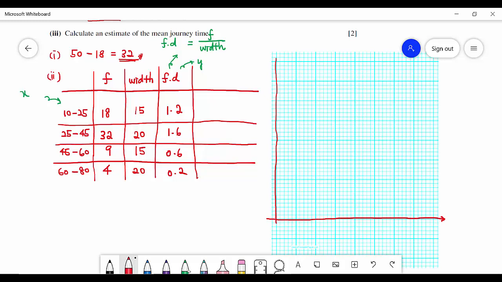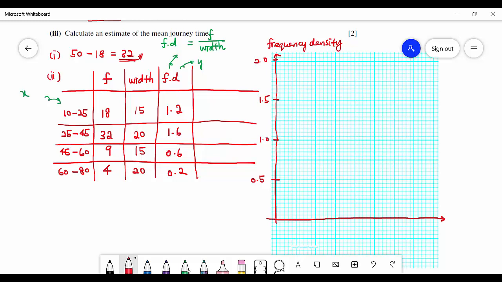For the y-axis, it will be the frequency density. For every 10 boxes here, I will put it at 0.5, and this is 1.0, 1.5, and 2.